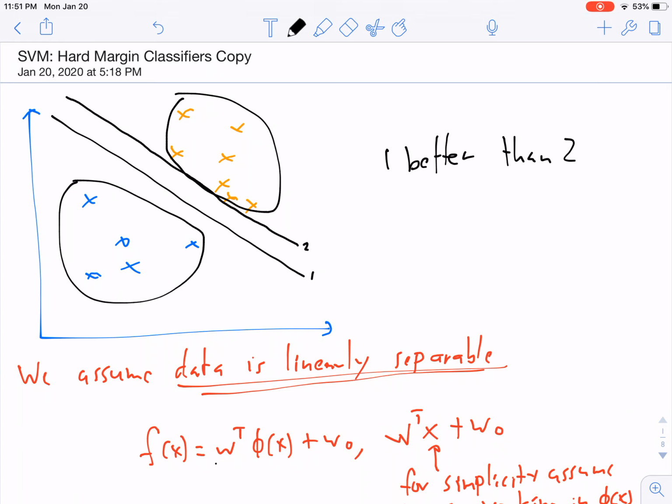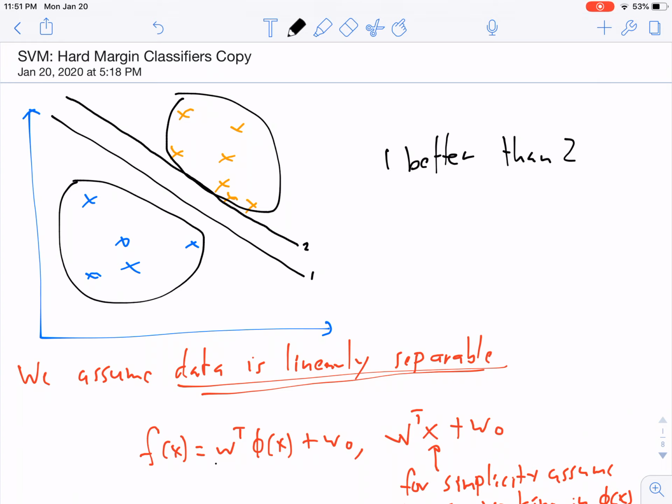So then if this is greater than 0, we'll predict 1, and if it's less than 0, we'll predict the other class, -1. We'll use 1 and -1 to represent classes today. Great. And for simplicity, throughout the rest of this video, I'm just going to be using x instead of φ(x) because we can just assume that we're working in the space of the basis transformed inputs.